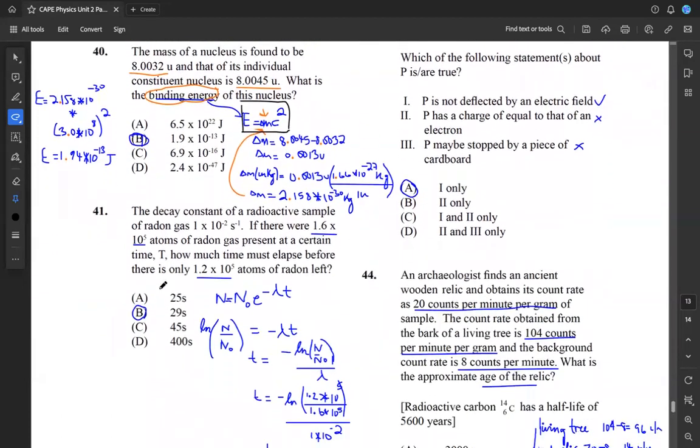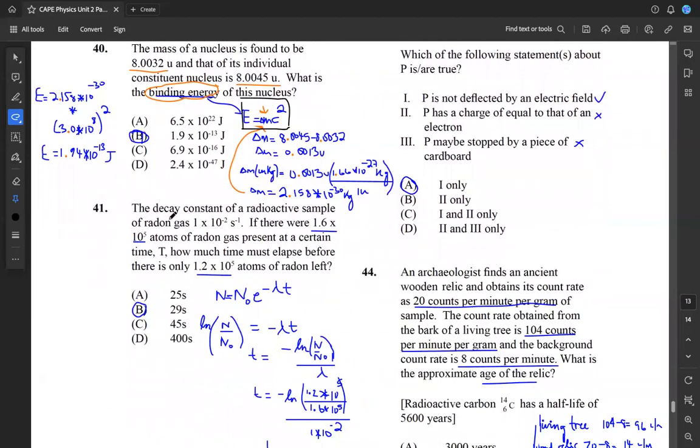So 41 now, we're saying that the decay constant of a radioactive sample of radon gas is this. Remember, decay constant is our lambda, right? If there were 1.6 times 10 to the 5 atoms of radon gas present at a certain time, this is how much we have initially.